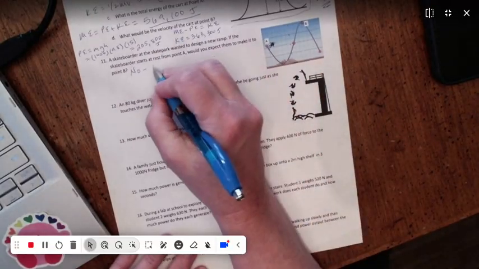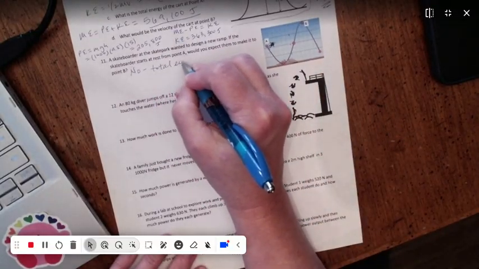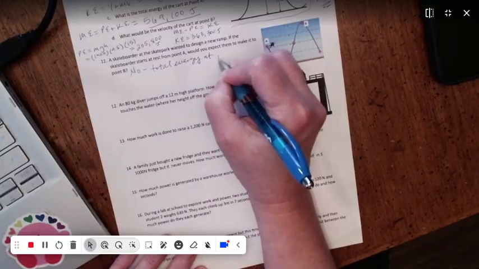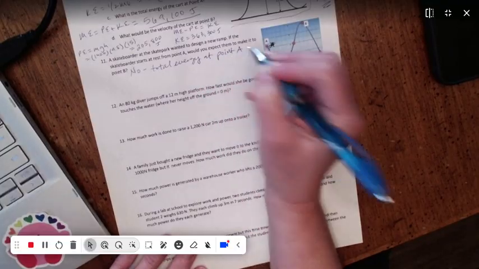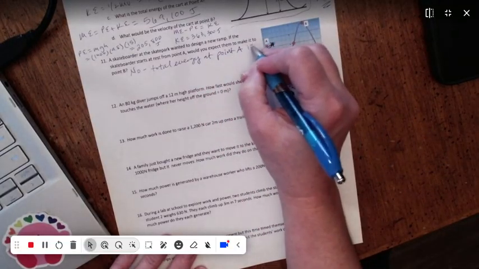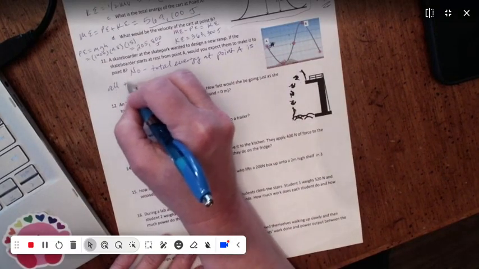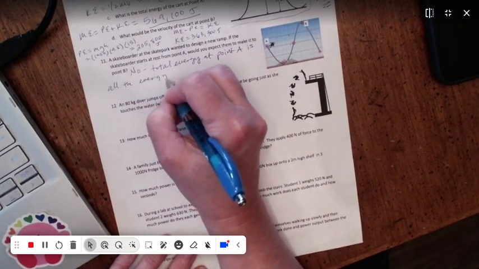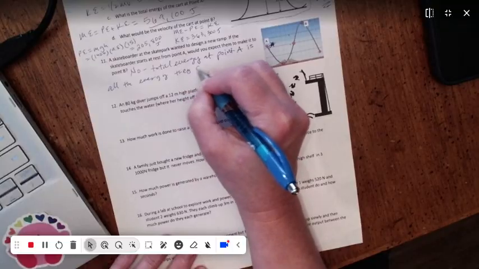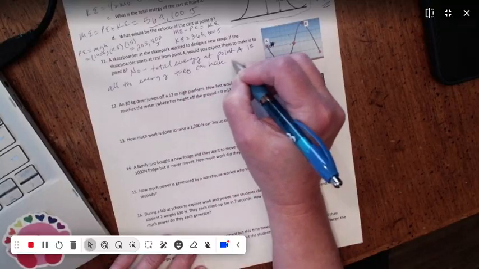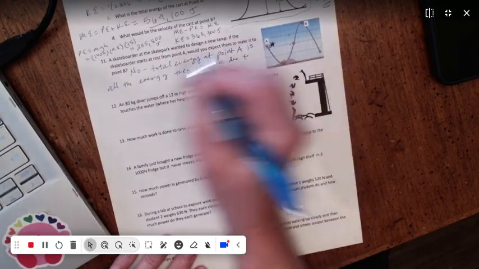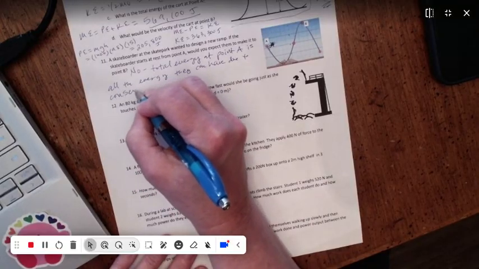The total energy they have at point A is all the energy that they can have due to conservation of energy.